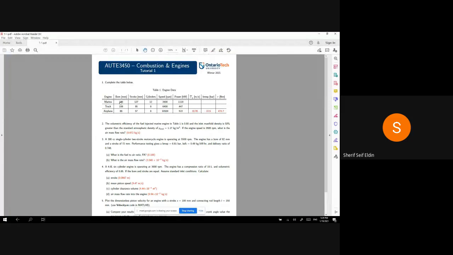So for the first question, the question where he's giving you the dimensions and the parameters: number of cylinders, speed, power. He asks for the mean piston speed, brake mean effective pressure, and the tau, which is the torque.